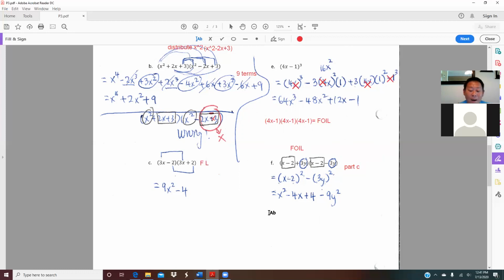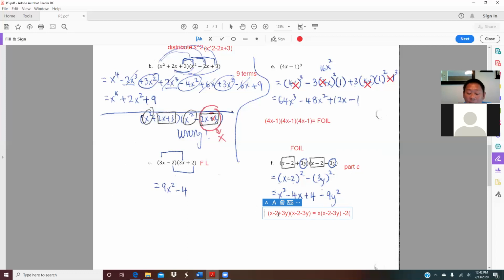But otherwise, if you do not want to do the one that I showed you in part C, then you just do the longer way, which is what we did in part B. What I mean by that is you can take x times the x minus 2 minus 3y, like the one we did in part B, and then you take the negative 2.